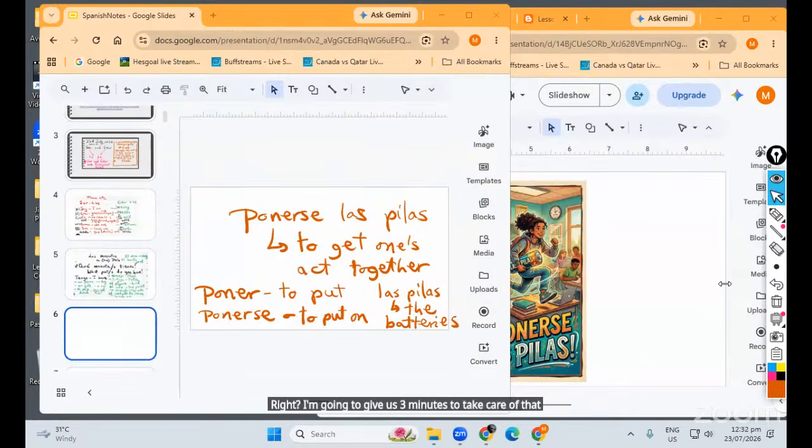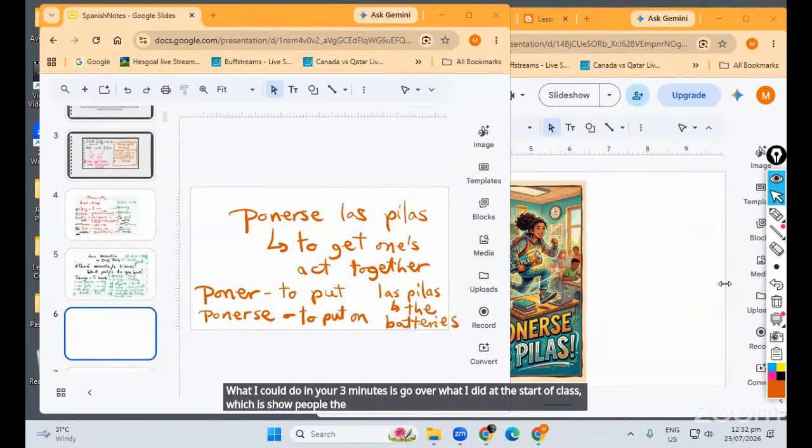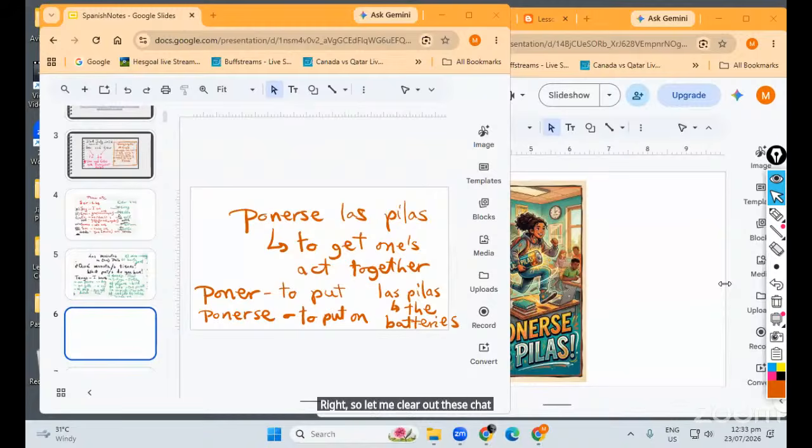What I could do in the 3 minutes is go over what I did at the start of class, which is show people the resources, right? So let me clear up these chat messages. And we'll go through the resources that I talked through at the start of class, right? Yeah, to hustle is sort of a translation to put on your batteries, to think faster.